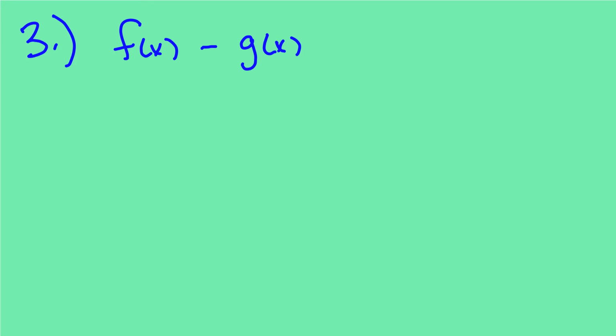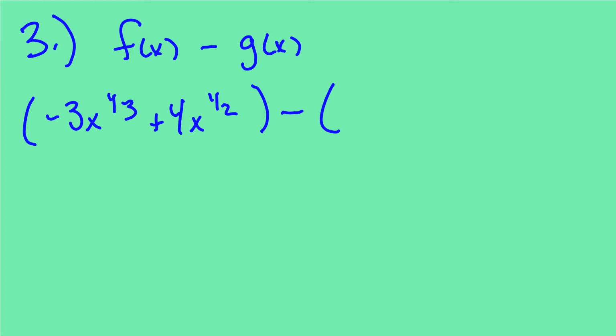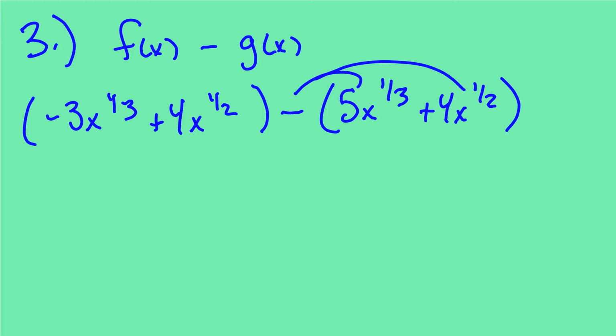Alright, number 3, I have f of x minus g of x. So I put in negative 3x to the 1/3 plus 4x to the 1/2 minus, in parentheses, and it's important that you put this in parentheses, 5x to the 1/3 plus 4x to the 1/2. Because that second set is in parentheses, I have to distribute that negative sign.